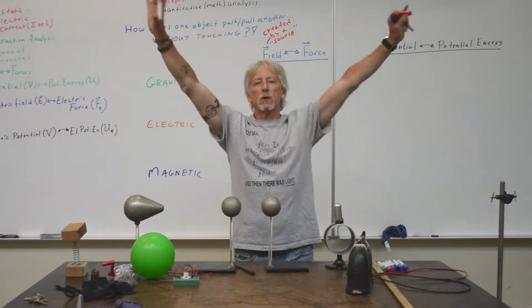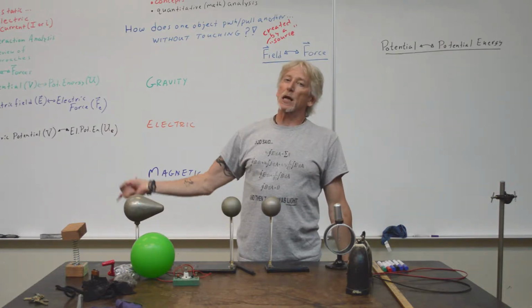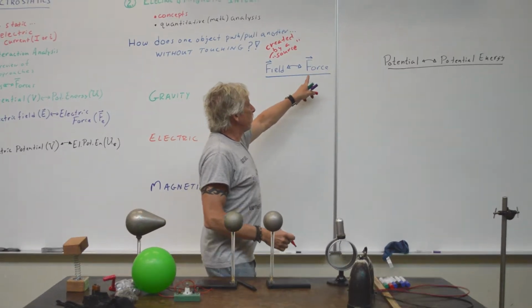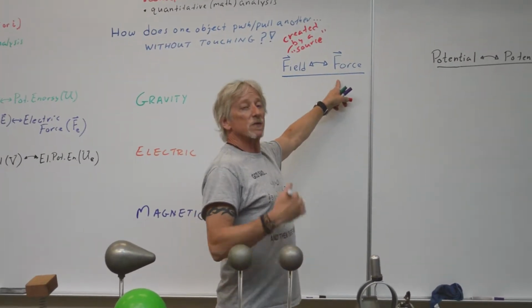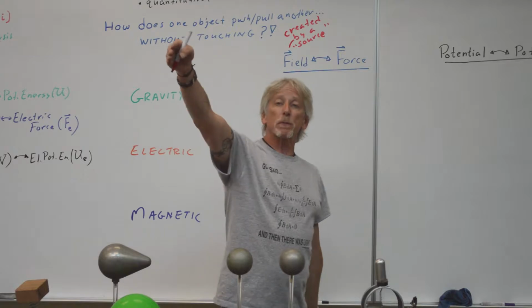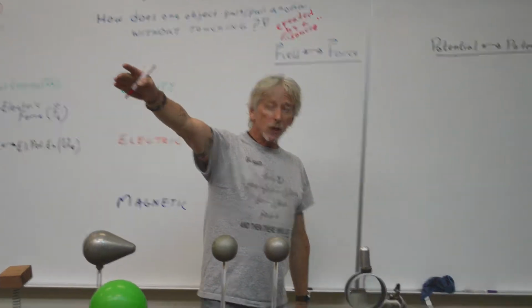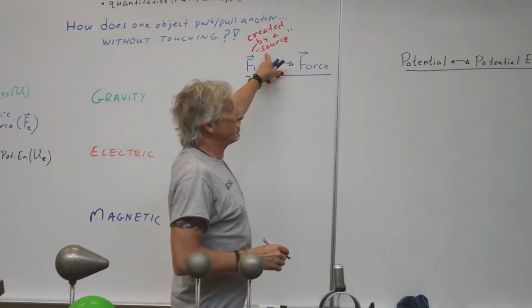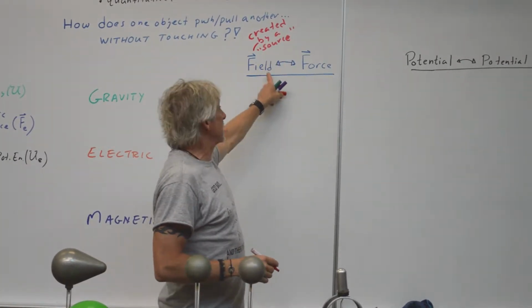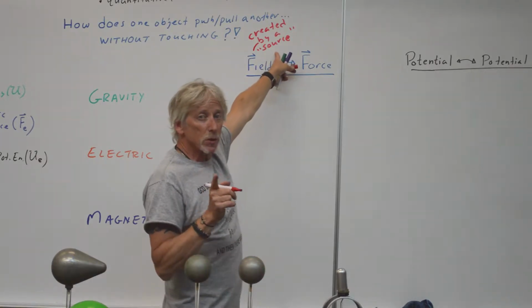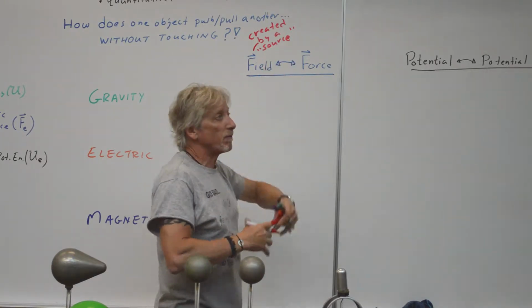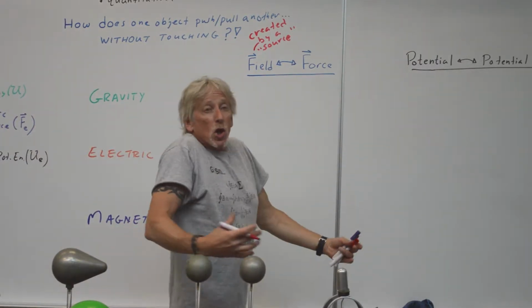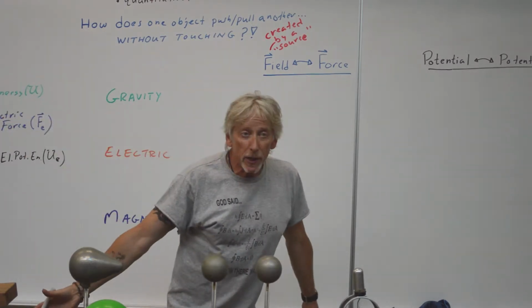I am making a sound field. A light bulb is making a light field, whatever that is. Now a force is felt by, so if I make a sound field and there's a person with ears, they can hear, then they feel the field that's created by the source. This is important. The source creates a field of, say, sound. There's no force because there's no one there.